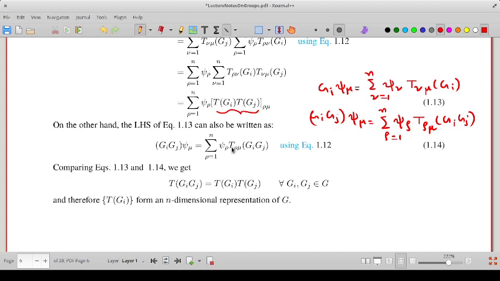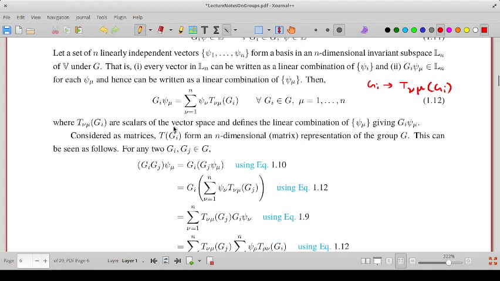Then we consider an n-dimensional invariant subspace of the vector space under the group action. So obviously that space will be spanned by n basis vectors, and we call them psi1, psi2, etc. up to psi n. Then the action of any group element on one of the basis vectors will also be an element of this n-dimensional subspace itself, and therefore should be able to be represented as a linear combination of these basis vectors themselves.